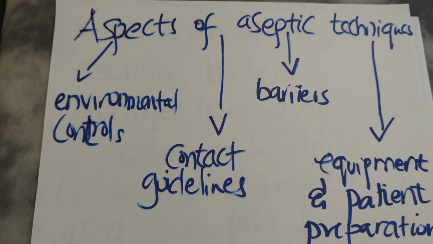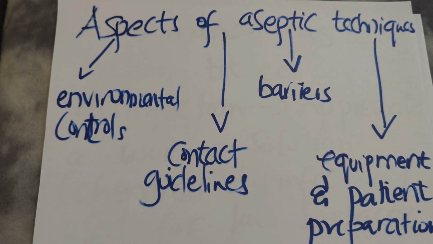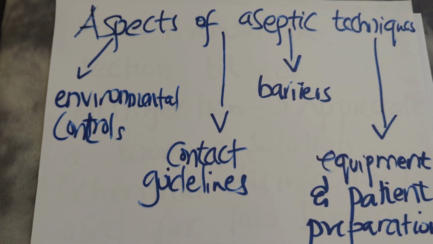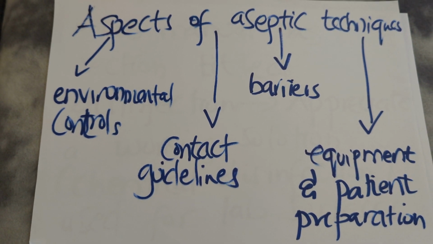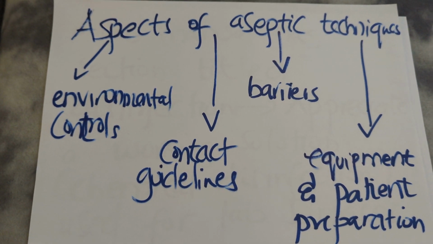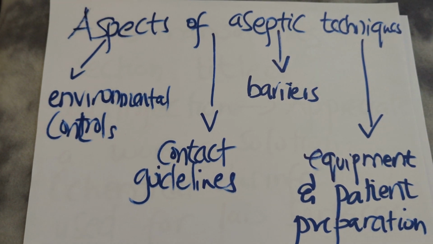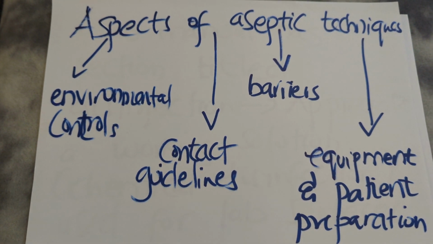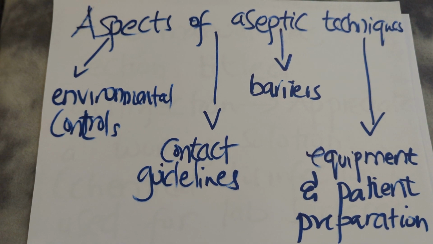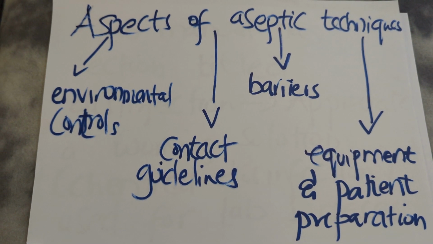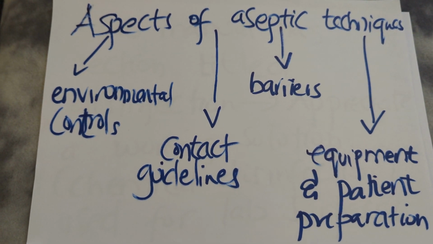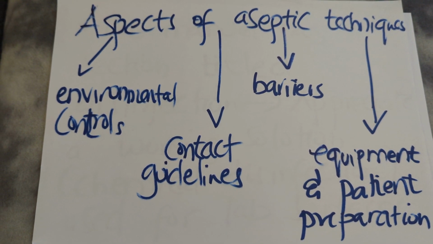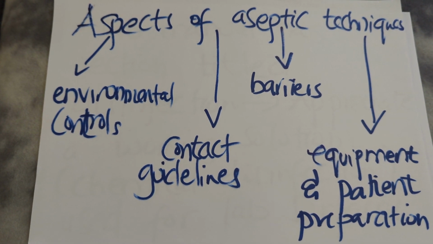A bit more on the umbrella of aseptic techniques. To understand the different aspects, we can break them down into four, which I've written down here: environmental controls, contact guidelines, barriers, and equipment and patient preparation. For equipment and patient preparation, we immediately think of sterile equipment, so all the methods we know about sterilizing equipment will be applied there.